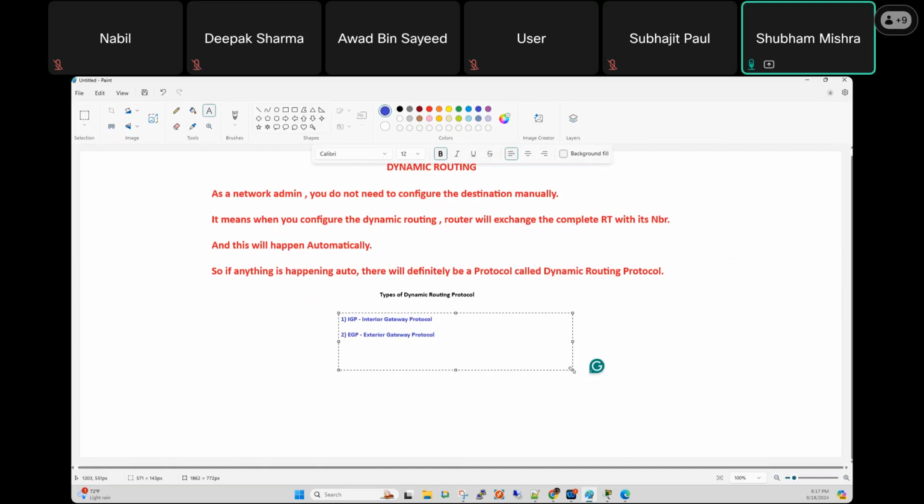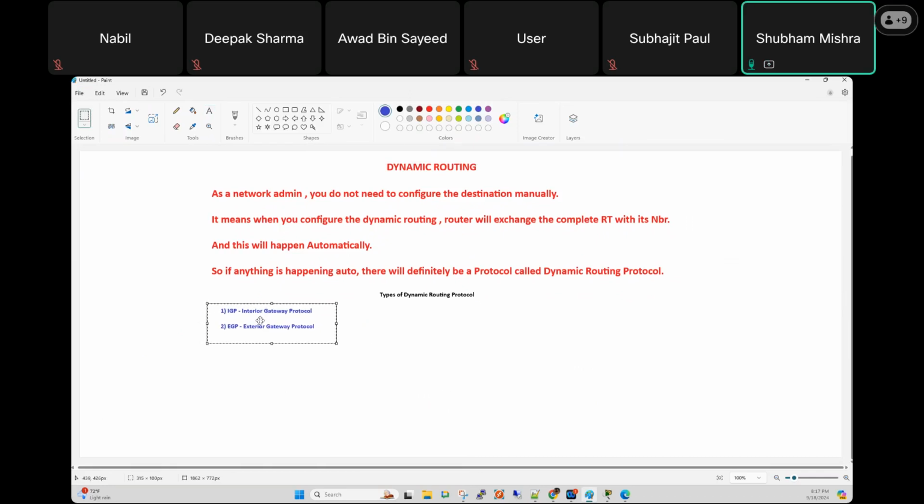So there are two types of protocol. First one is Interior Gateway Protocol and second one is Exterior Gateway Protocol. Now again you guys will ask, sir, what do you mean by IGP and what do you mean by EGP?